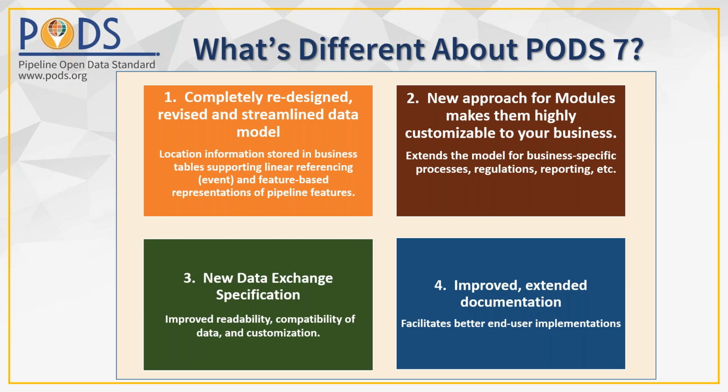It's certainly been redesigned with a new approach in mind for managing modules, but also not managing them to the extent where they're locked down. They're highly customizable to your business. So it means that you can extend and customize the modules to make them fit exactly your needs.